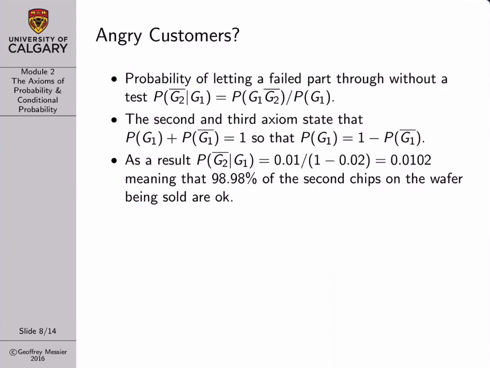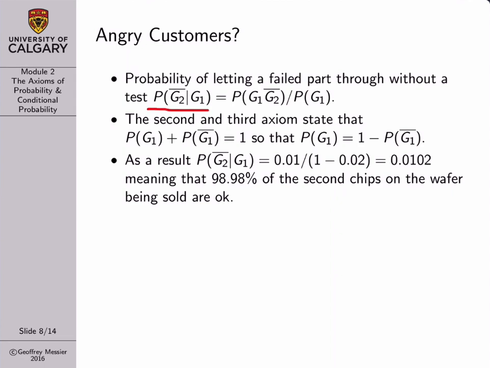All of these sentences suggest that we need to use a conditional probability calculation. So normally the event of chip 1 being good or bad is random. However, in my sentence I'm saying, given that we know for sure that chip 1 is good, what is the probability that chip 2 is still bad? And so that's this conditional probability calculation here.